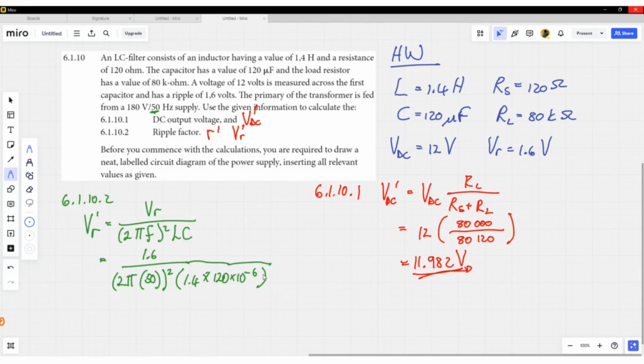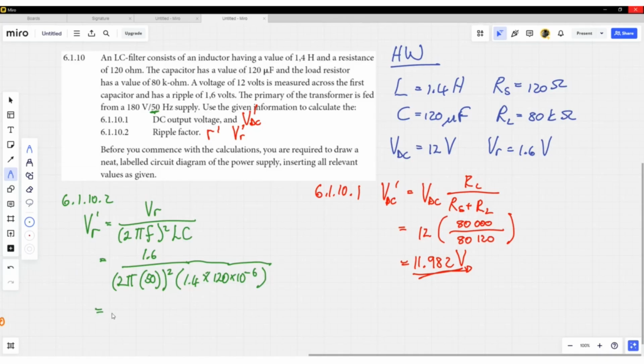Right, so this is actually not too bad. So that's 1.6 times a million divided by 0.4, divided by 120 and divided by that other whole thing, 2 times pi times 50, that whole thing squared.